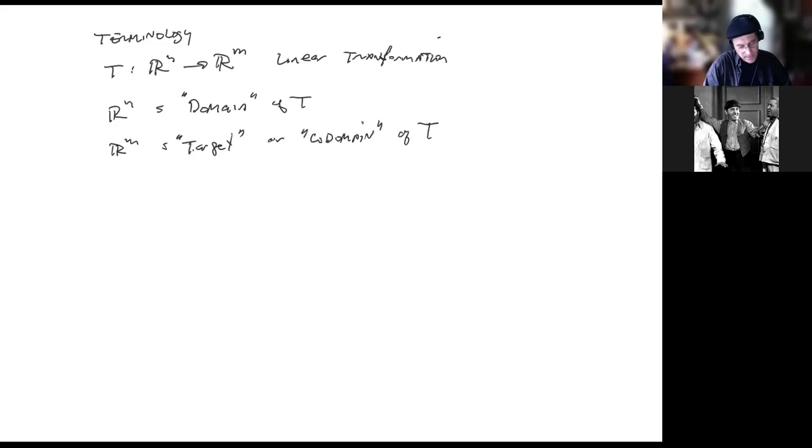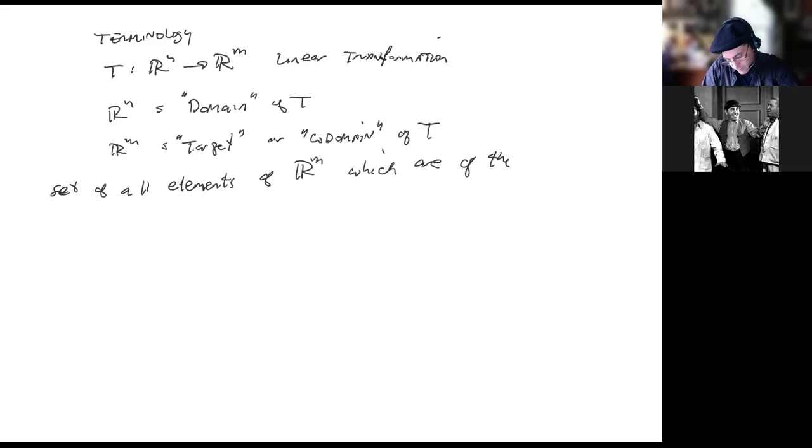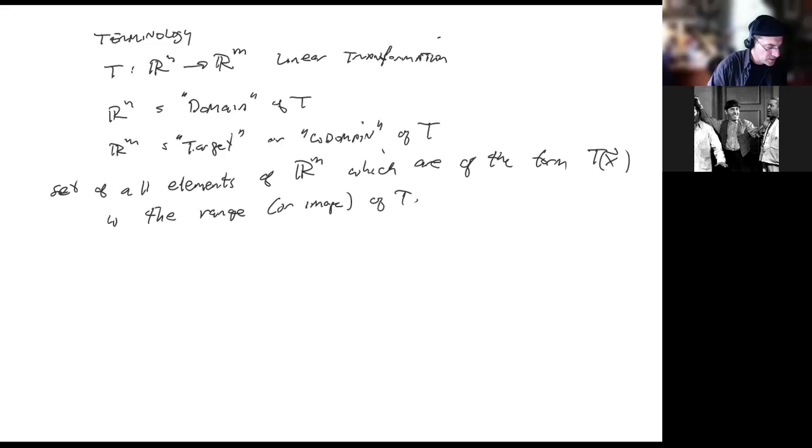And now there's one other thing we want to say, which is that the set of all elements of the target Rm which are of the form T of x for some x, the set of all these elements inside Rm, is the range or the image of T. So that's the third notion, the image or the range.